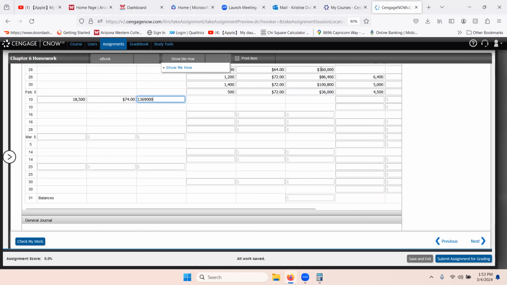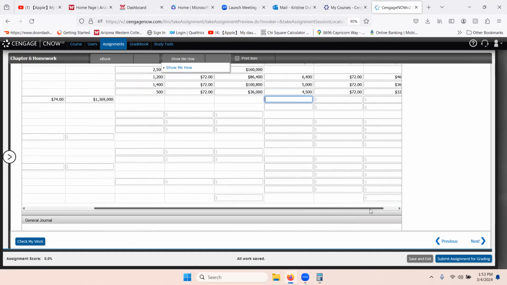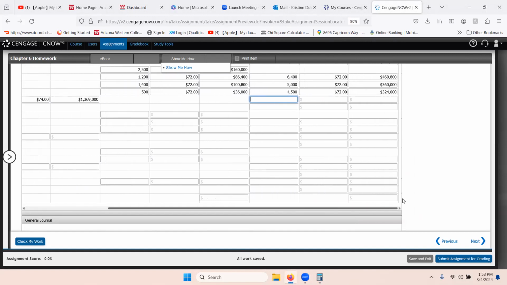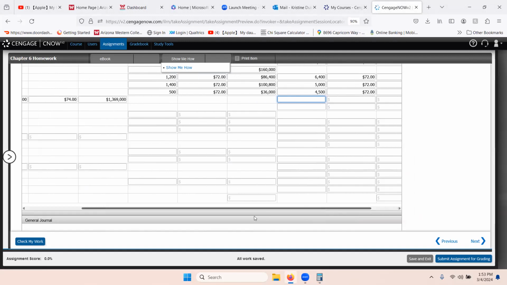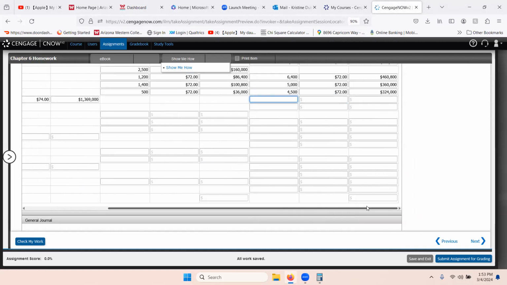Okay. So then I'm going to have to come over here. Now, so we have the yellow batch. We're done with it. We have the orange batch. Let's make this one red. Okay, just for fun. So we know that was 18,500. I'm doing this so I don't forget, okay?